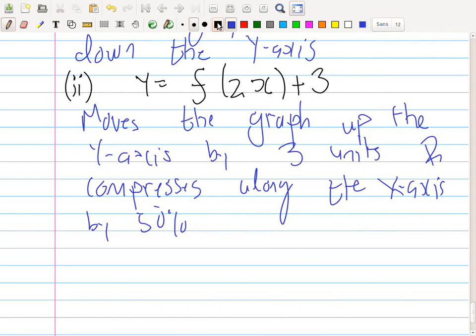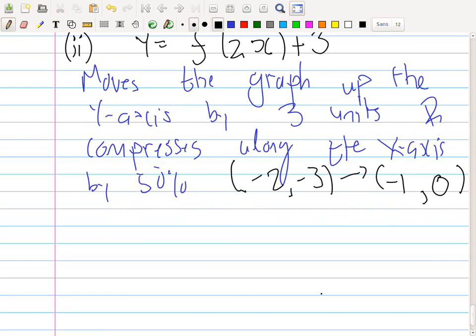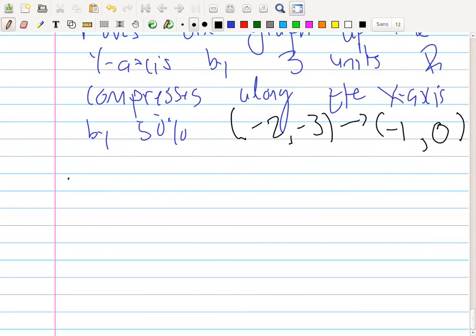So if I was looking at my point, what was the original point? Minus 2 and minus 3. Well, what would the y become? That's easy, 0. And what would the x become? Minus 1. Isn't it supposed to be the opposite?